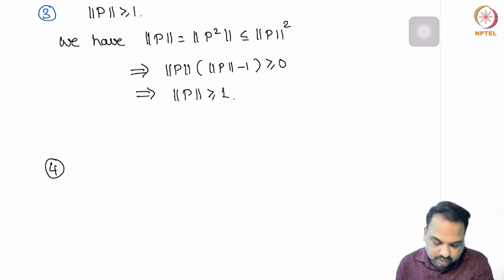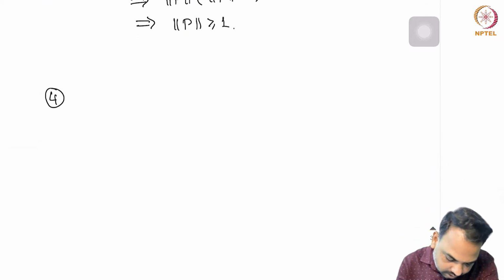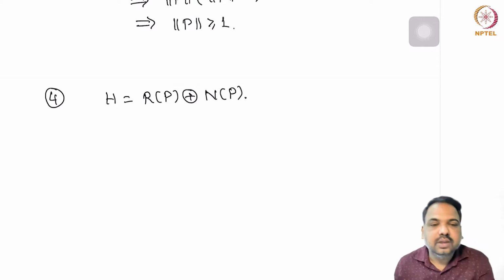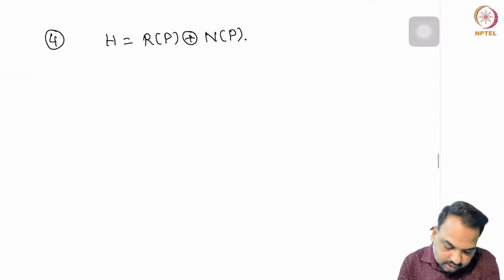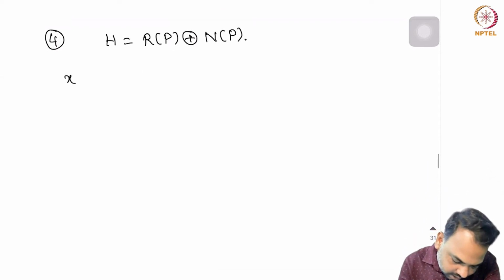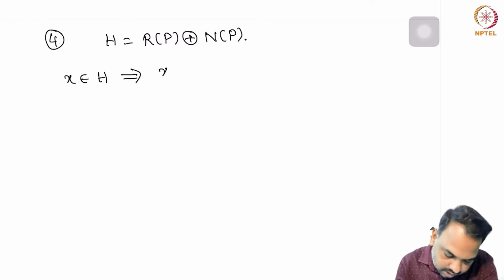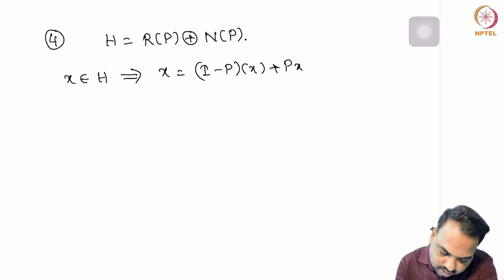So whenever P is a projection, we can write H as range of P direct sum with null space of P. Note that this is not an orthogonal direct sum, it is just a direct sum. This is easy to prove. Let us take x in H, then x can be written as (I minus P)x plus Px.